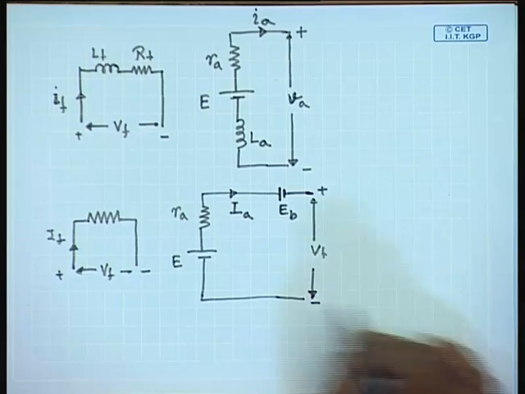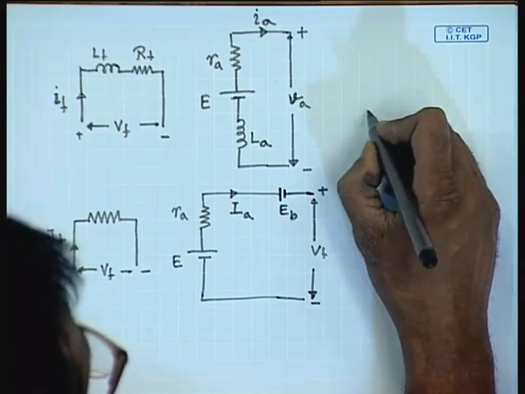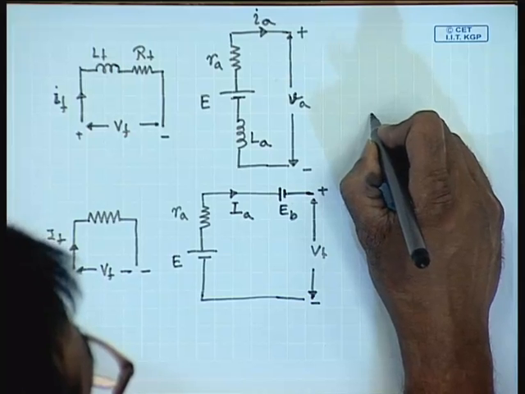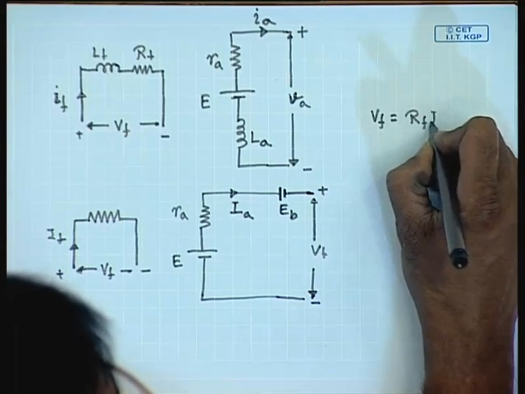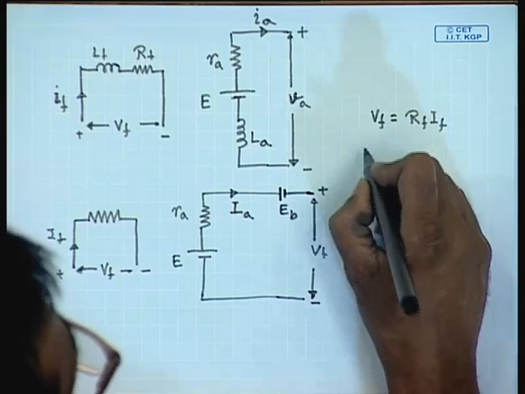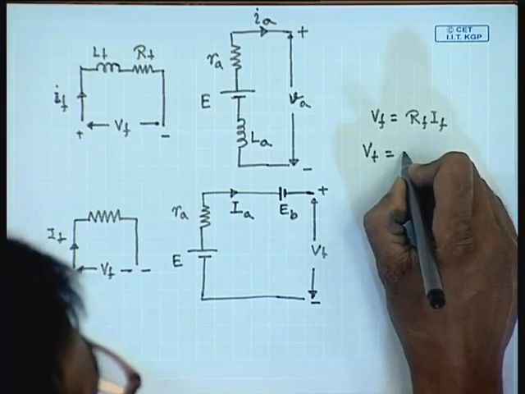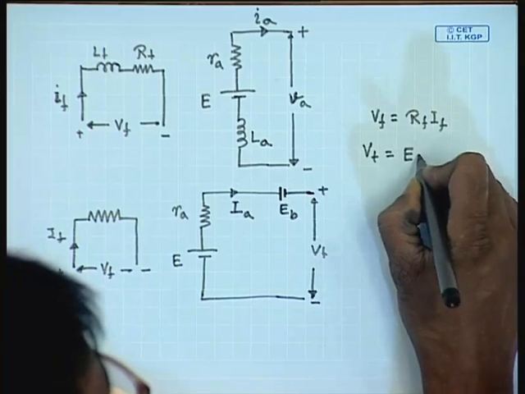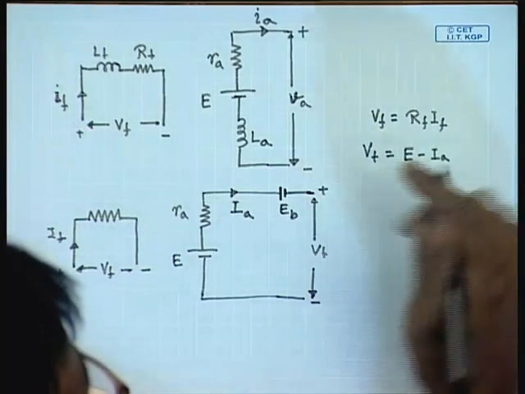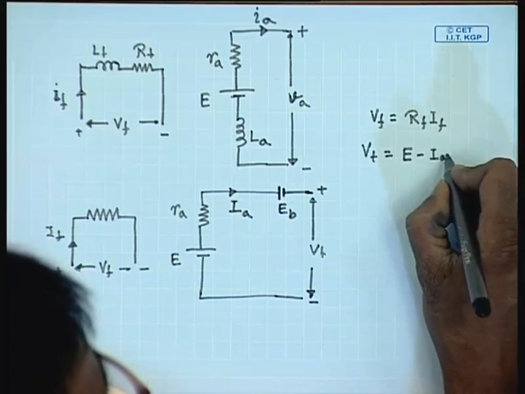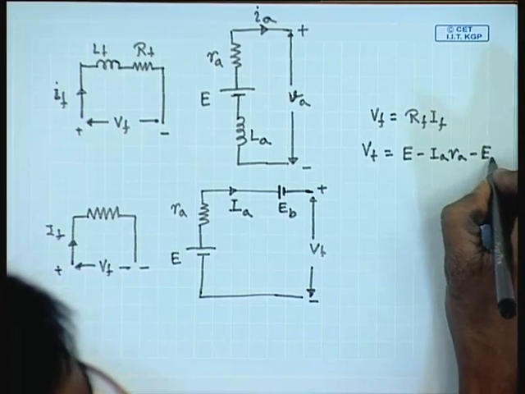Therefore, the steady state equation of a DC machine can be written as Vf equal to Rf If, Vt equal to E minus Ia Ra minus E brush.